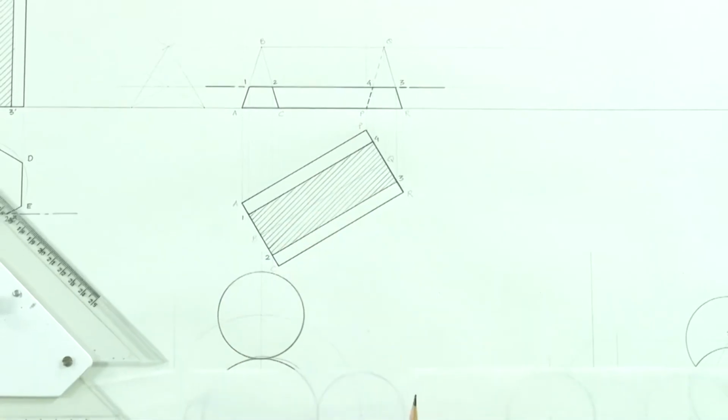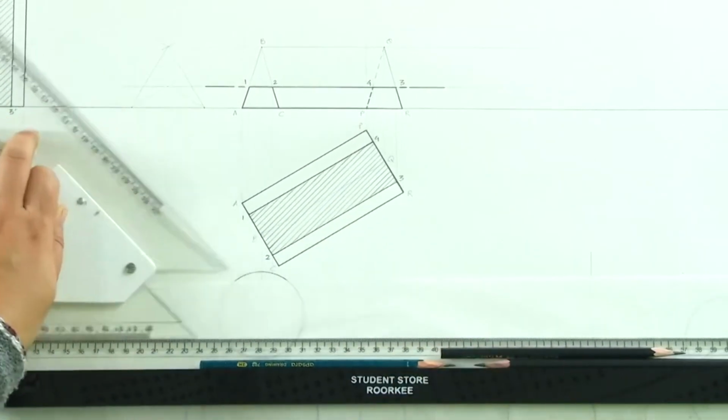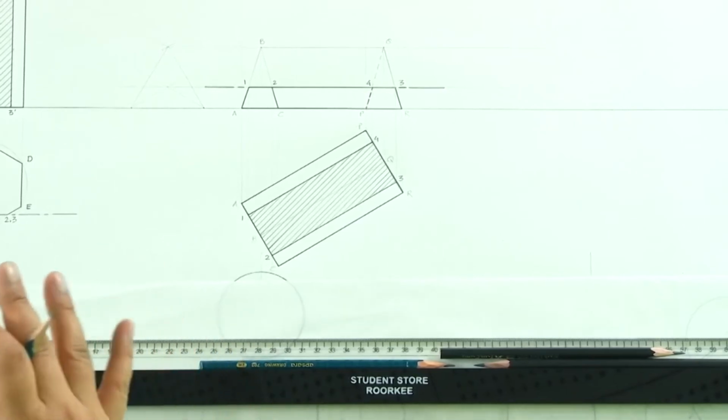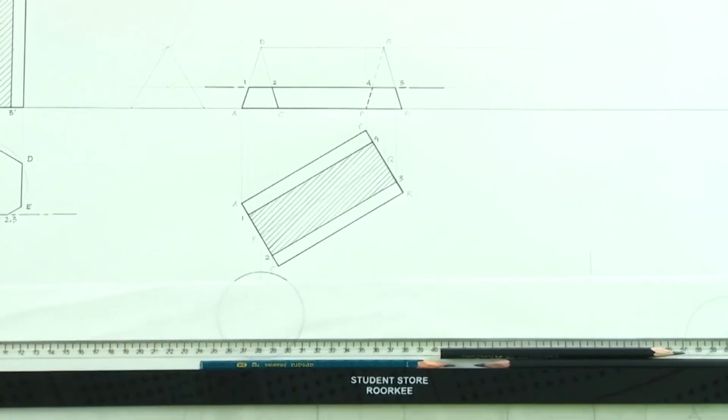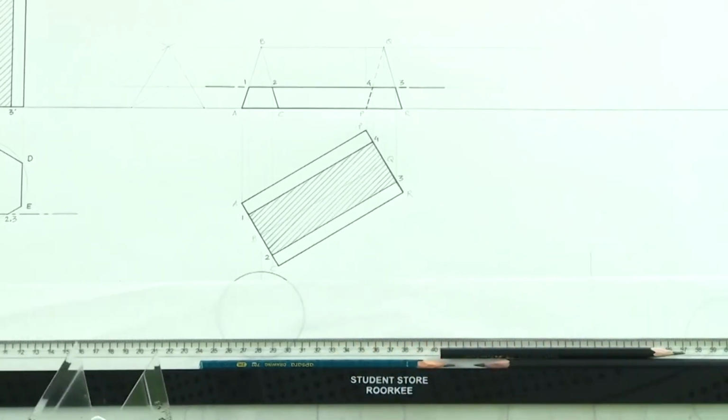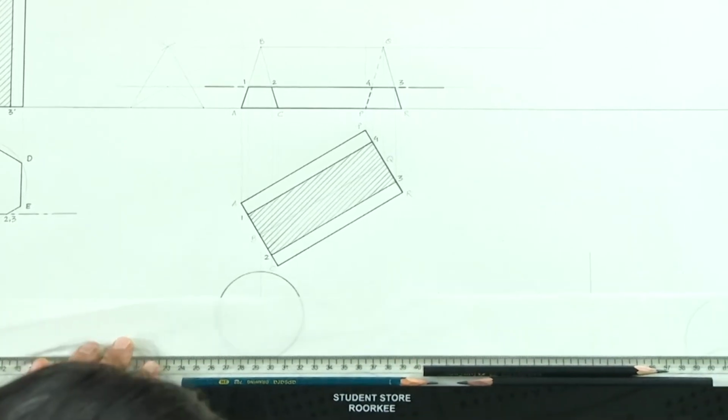Now, we could get it in one single step simply because in both these cases the section plane was parallel to one of the reference planes. Now, what happens if we have a section plane which is inclined to one of the planes and perpendicular to the other? So, here again I will take the example of a simple rectangular prism.